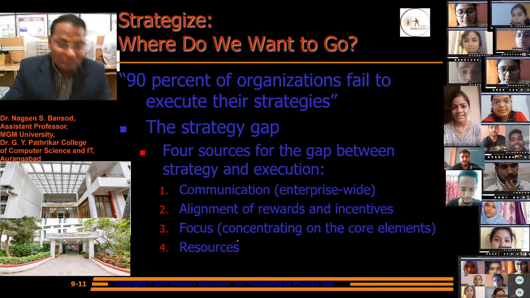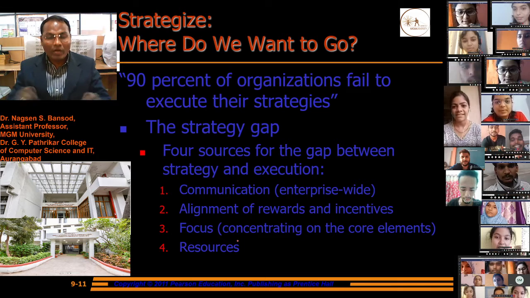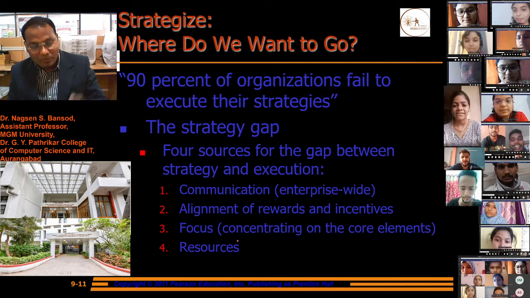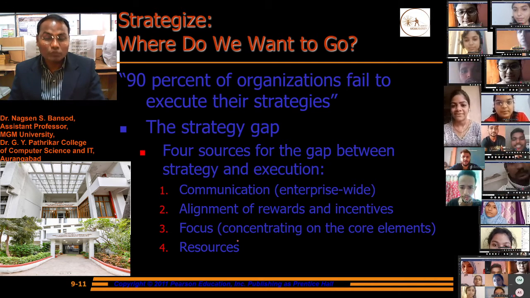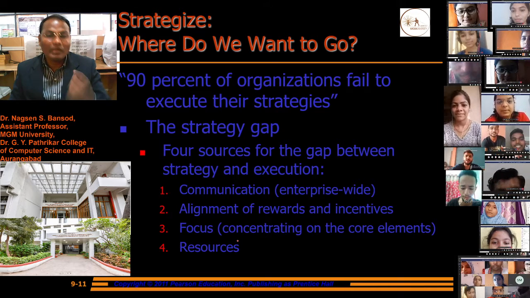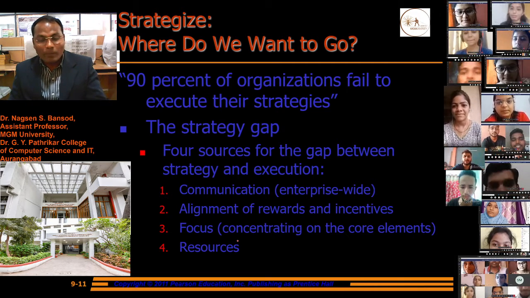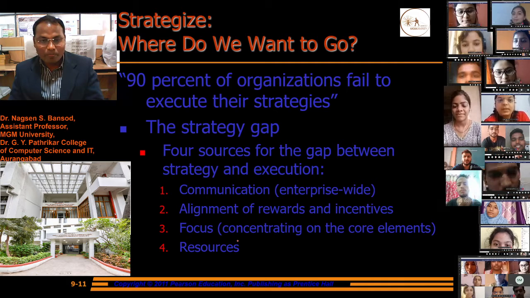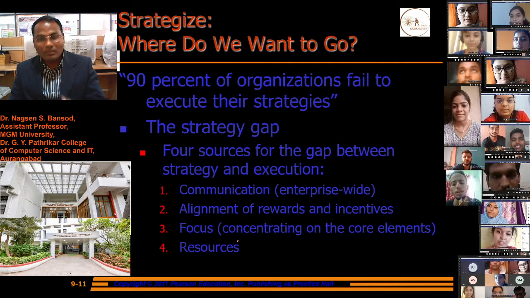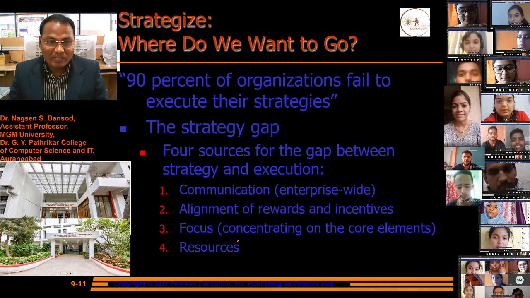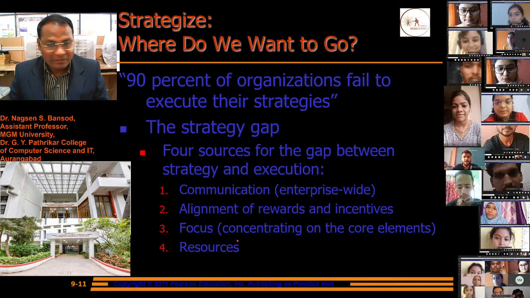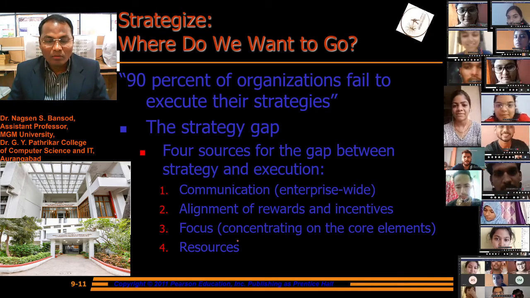As well as the instruments we have in our company, we buy and procure, and those resources should also be utilized by the employees and the managers to avoid failures. These are the strategies and the strategic gap sources.